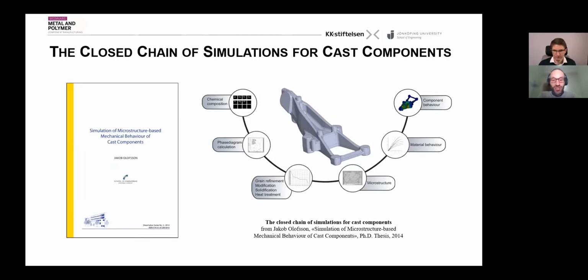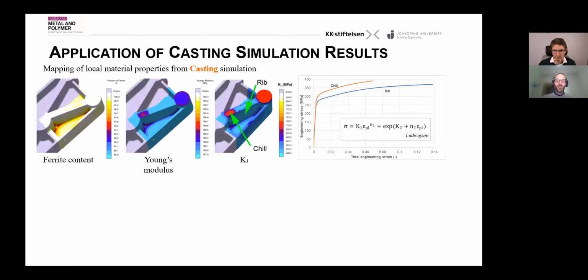So we approached the work of Jacob, the closed chain of simulation for cast components, and we used the information inside to add some local properties based on casting simulation.